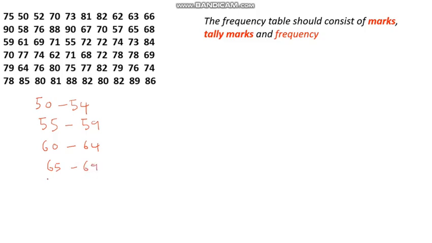Okay, then from 70 up to 74. Then from 75 up to 79. Then from 80 up to 84. Then from 85 up to 89. Okay, then from 90 up to 94.